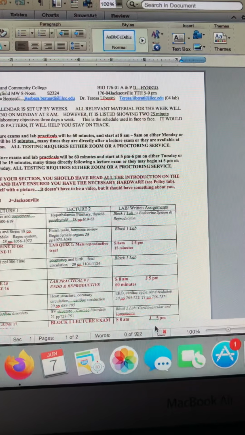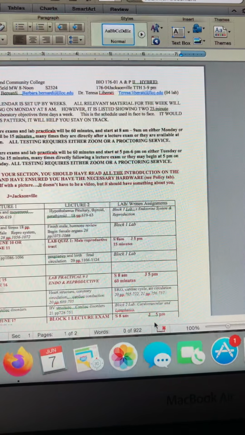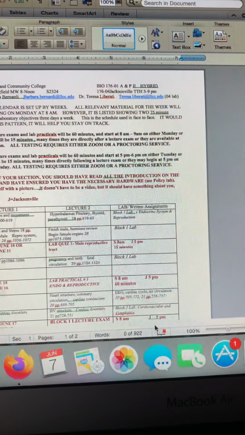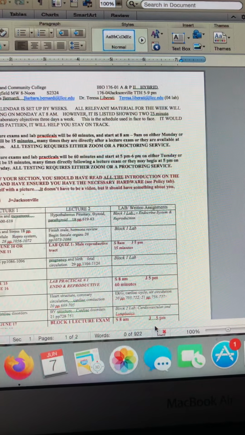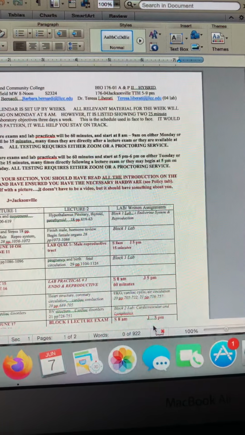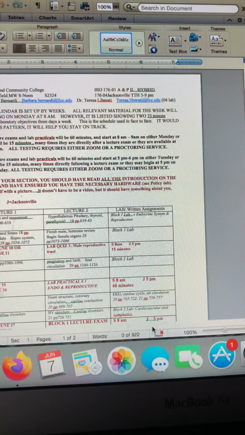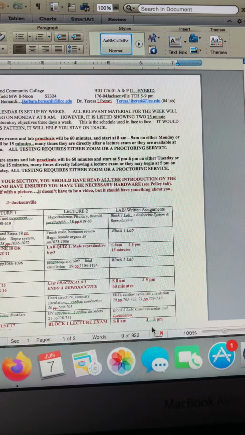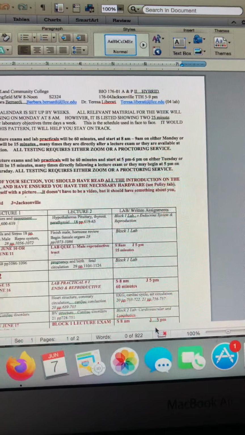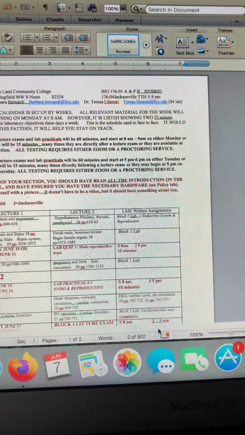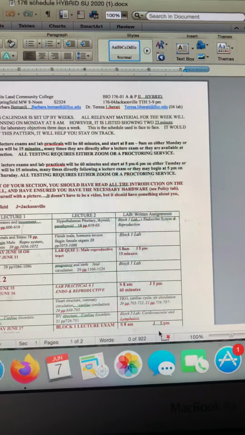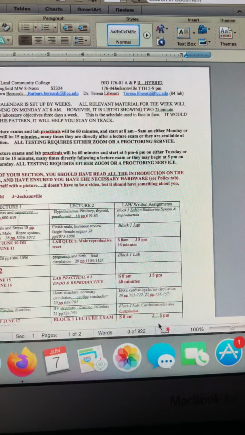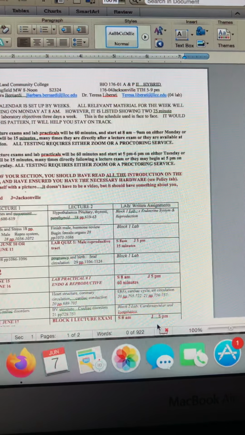It is listed in weeks. There's 8 weeks. Unfortunately, the last week is testing because we have to have the last lab practical and the final exam. So we have to do everything in 7 weeks. I have set this up pretty much like I have set up the summer schedule for the last 9 years.